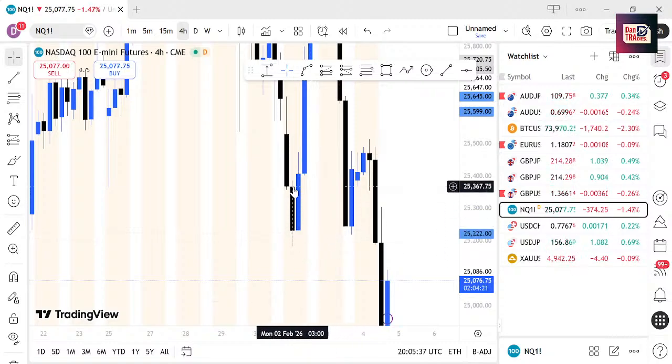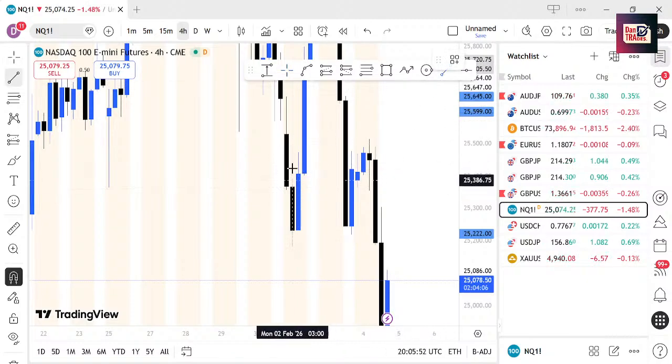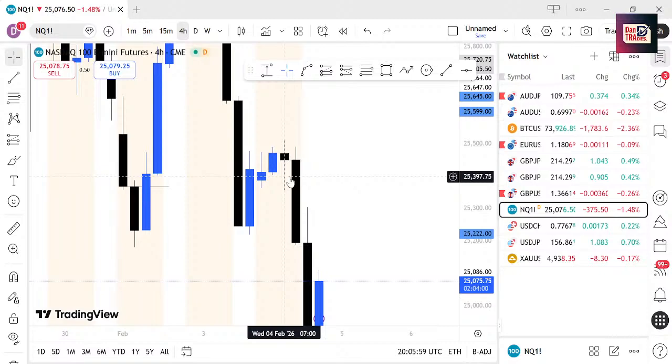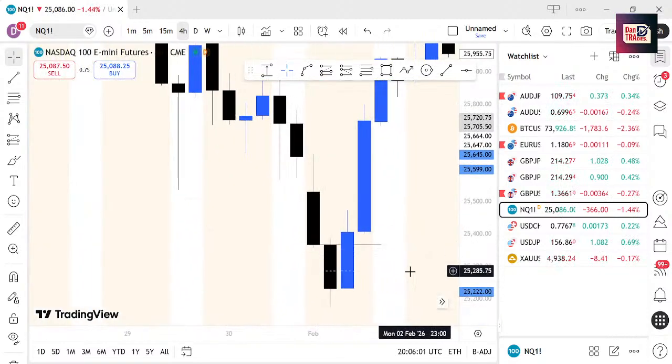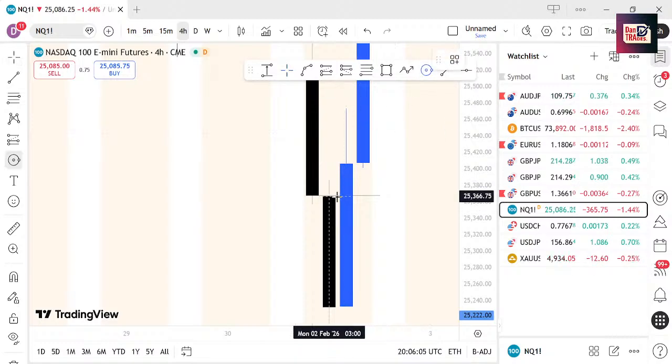Now, this candle here has an open, a high, a close, and a low. Now, if something is selling, it will definitely have to start from the top. So in this scenario, around this area, let me draw a line. Let me zoom in a little. So around this area is your open.